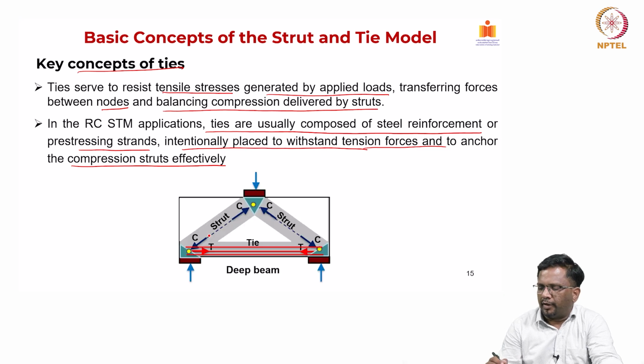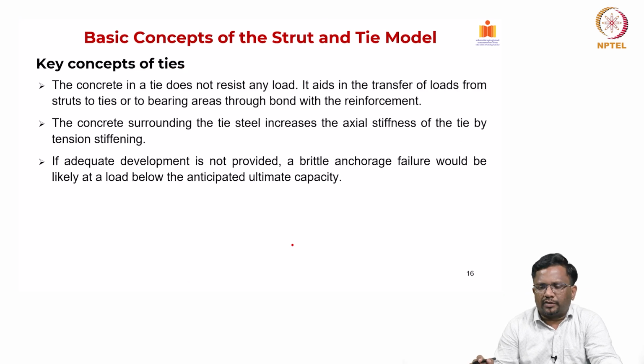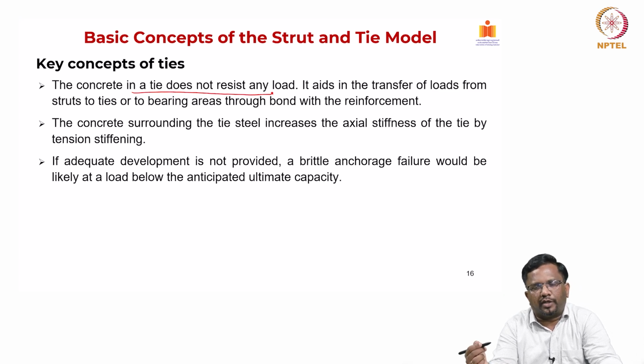This is what we said: you have a strut, and to maintain this horizontal equilibrium you need to have a tie like this. But these ties have to be anchored well, then only the efficiency of the tie will be quite good. Now, the concrete in the tie, just like we do in regular analysis, its tensile strength is usually ignored.